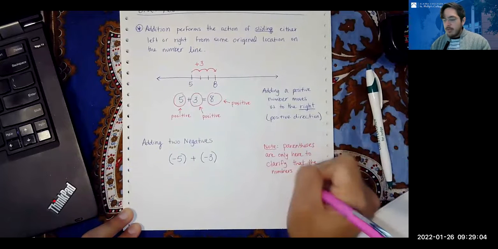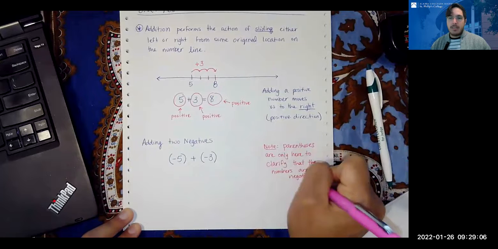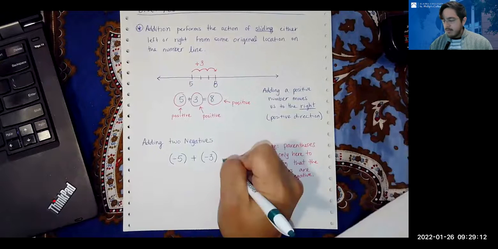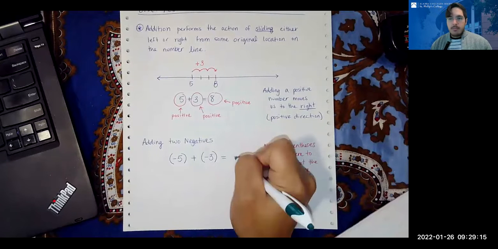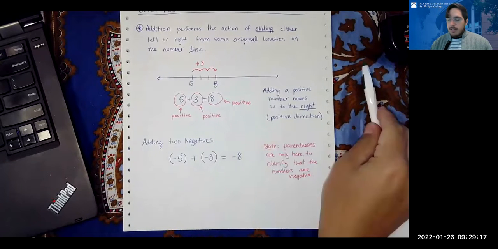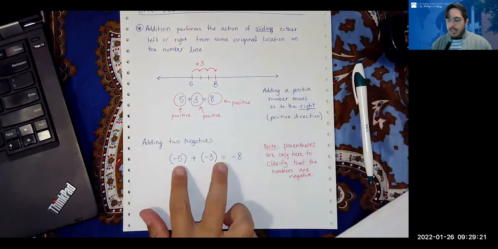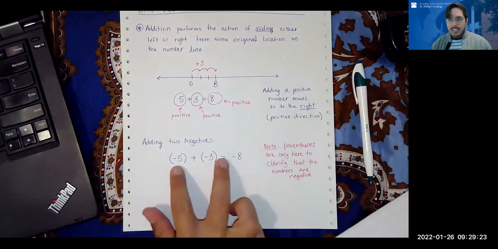Does anybody happen to know what you get when you add -5 and -3? -8. Yeah. Does this make sense to you guys, or does anybody have some confusion or maybe some dissonance here?